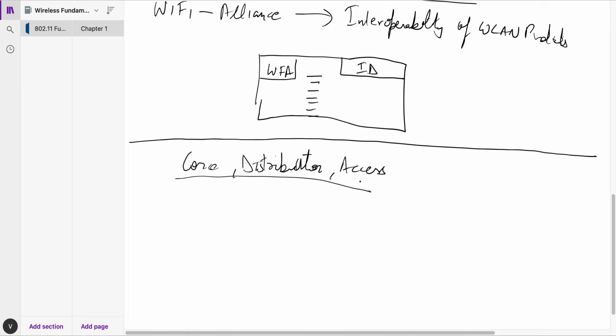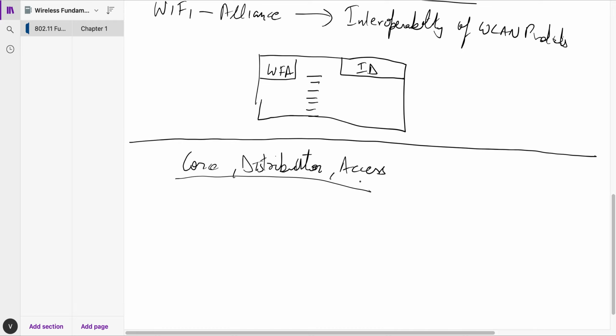The core is responsible for carrying large amounts of information between key data centers. That's the job of the core, right? The distribution, on the other hand, is responsible for directing the traffic, routing the traffic between or towards the smaller clusters of nodes or neighborhoods of the network, right? Whereas the access layer is responsible for making sure that the traffic is delivered to the end user, right, to the edge of the network, right?